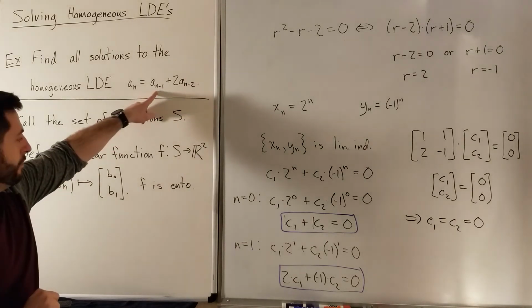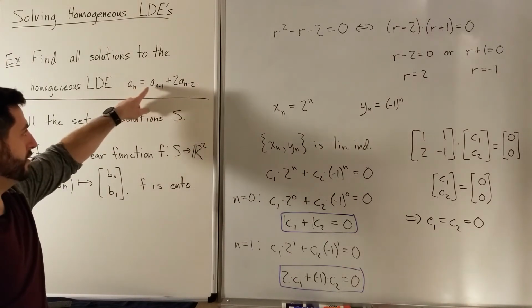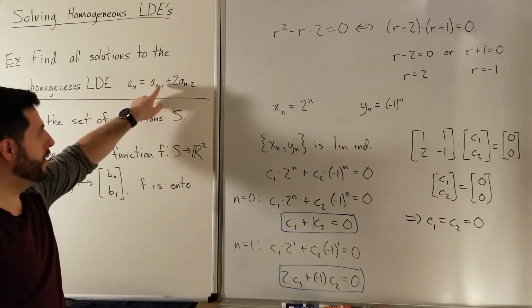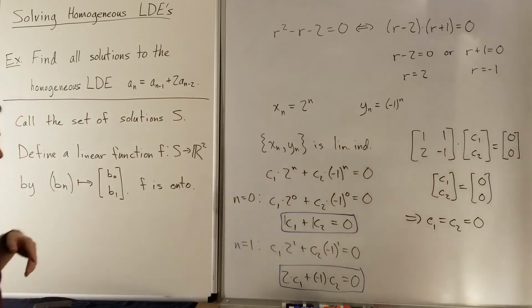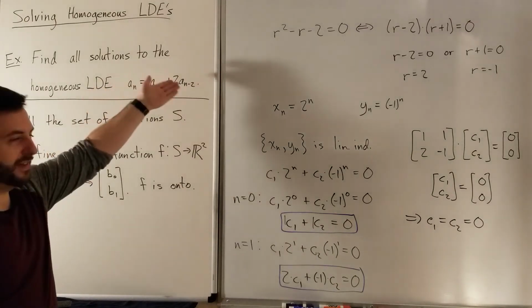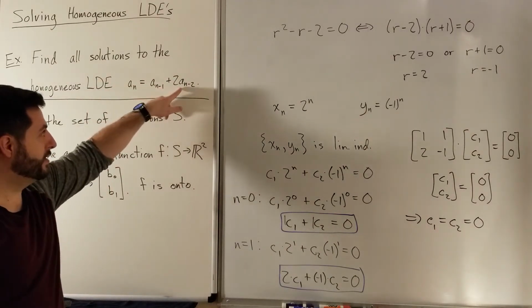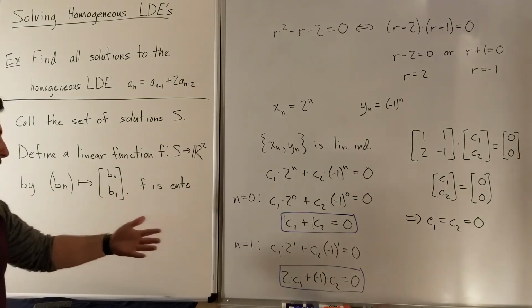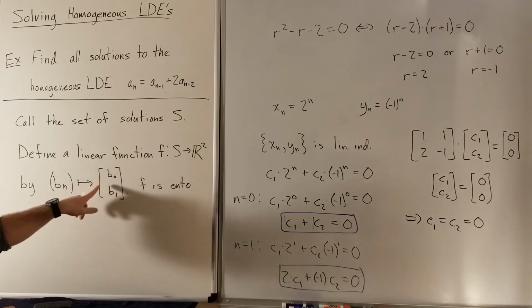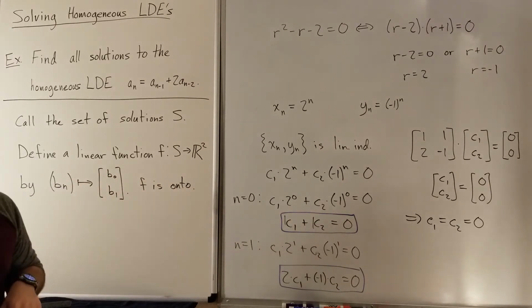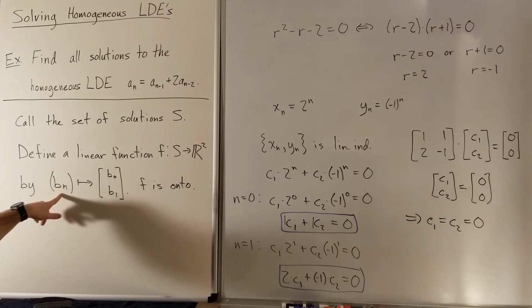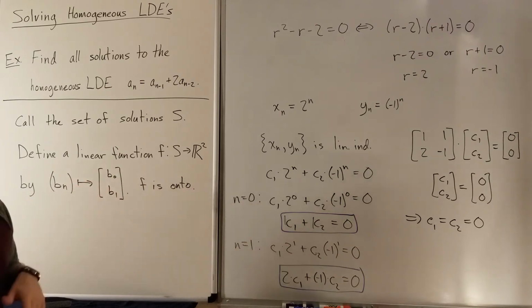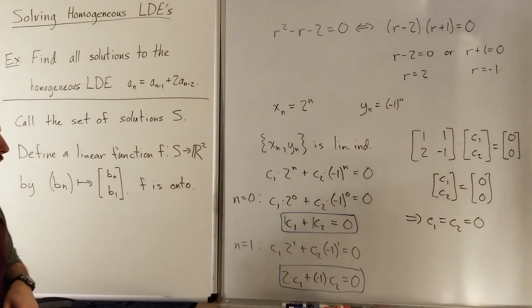Well, I can get b2 by doing b2 is equal to b1 plus 2 times b0, and then I can get b3 by doing b2 plus 2 times b1, etc. So we can keep finding the next term of the sequence, and then we just have an entire sequence. That is my sequence which maps to the point b0, b1. So I can always create a sequence which maps to any particular 2D vector that I want. So f must be onto.